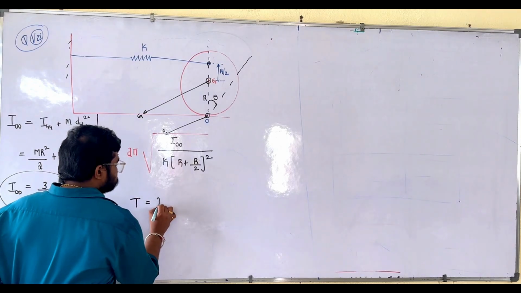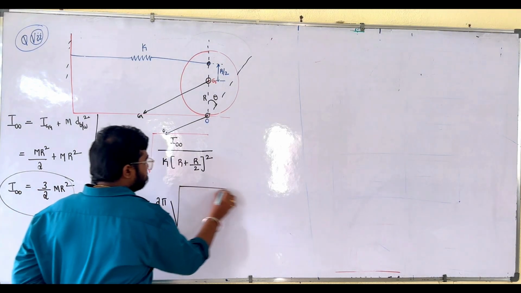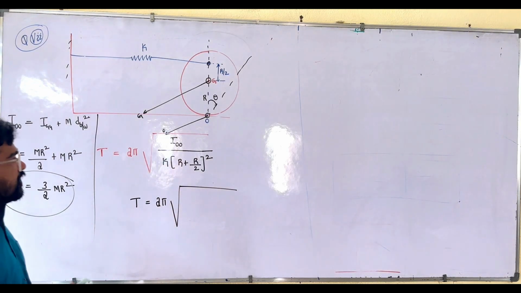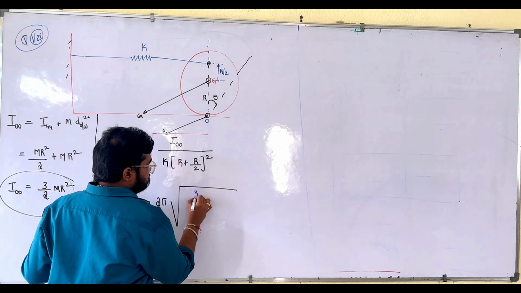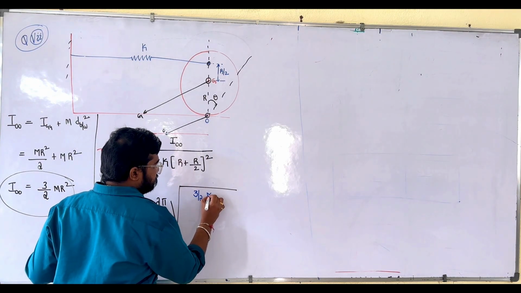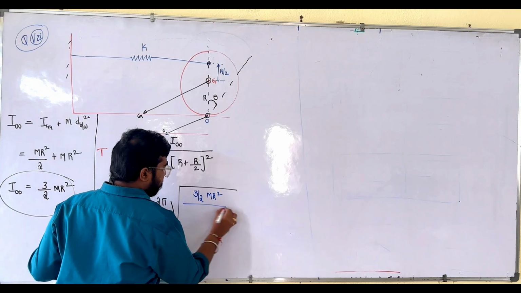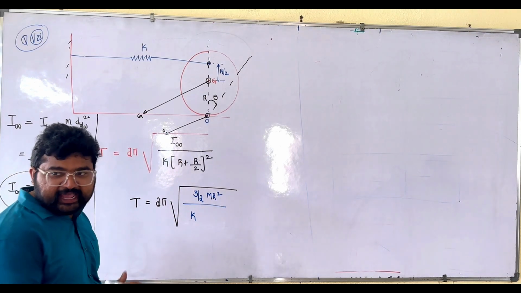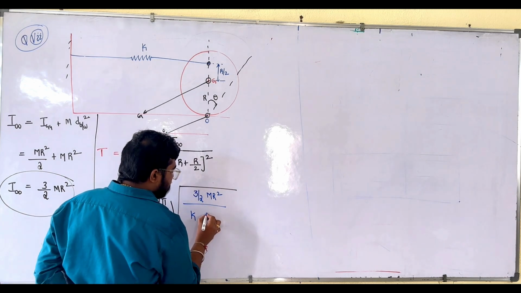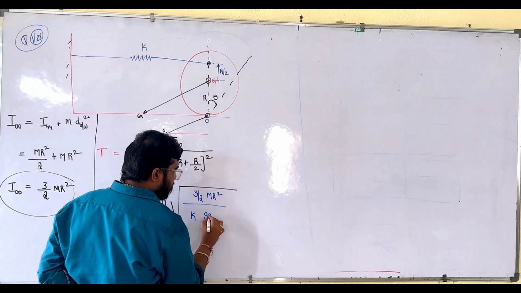T equal to how much? 2 pi square root of how much is obtained? 3/2 mr² by this is how much? 9r² by 4r.